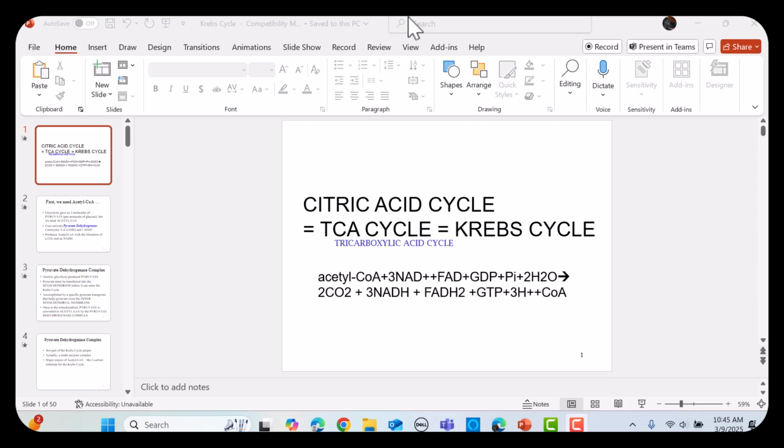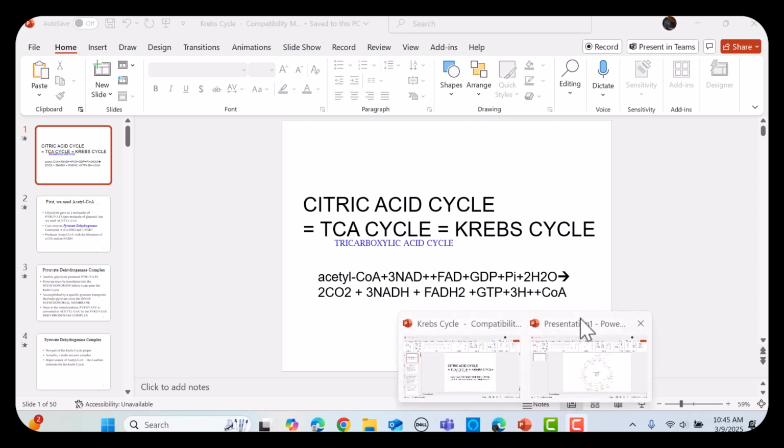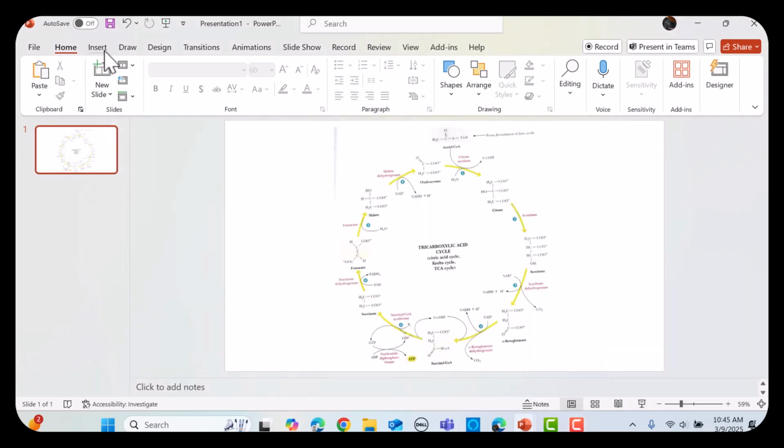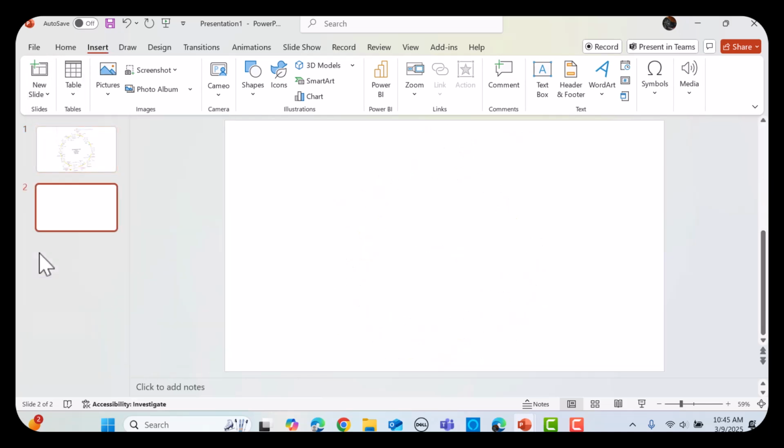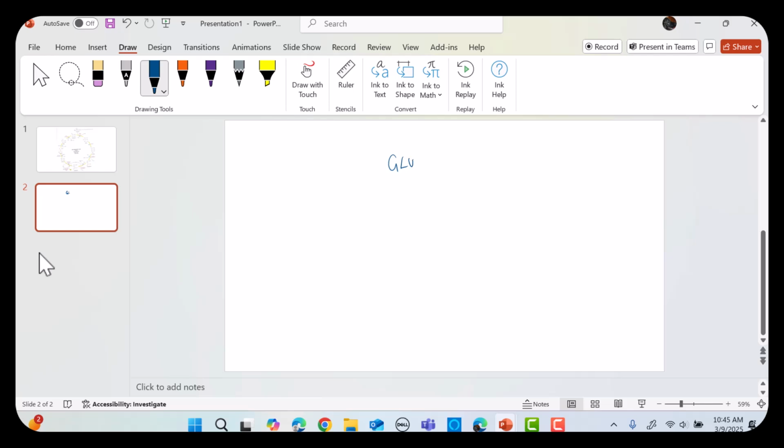Welcome back. So the next thing we're going to talk about is the Krebs cycle. Before we really get into it, let's talk about where it fits in, what we've done, where we're going. So we did the big picture. In our big picture, the first thing we did is we started out with a molecule of glucose.